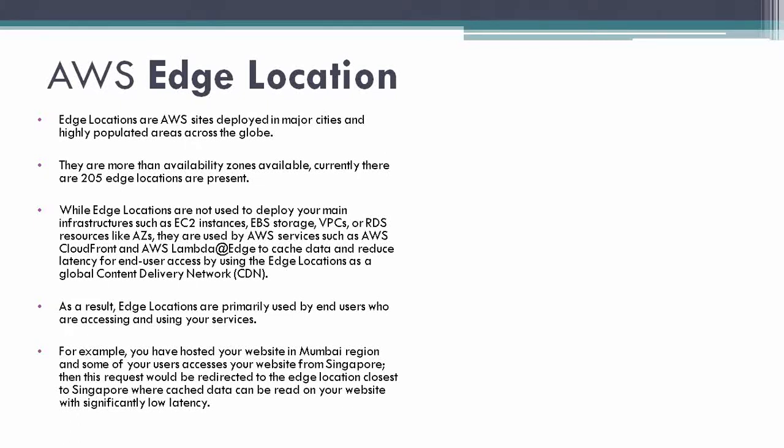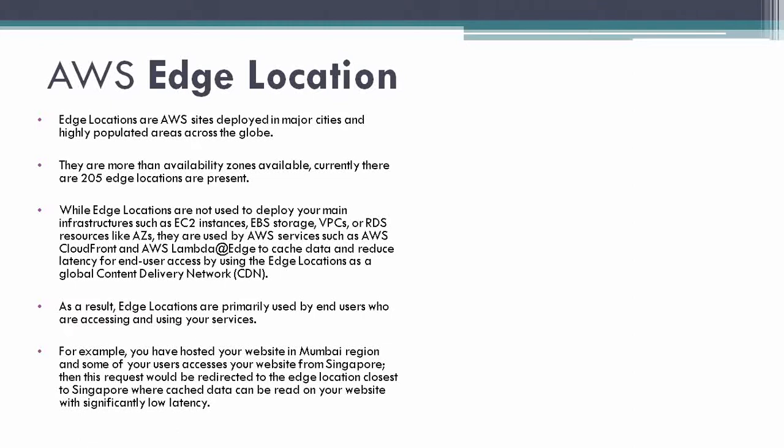So in this example, suppose you have one website deployed in the Mumbai region, but a few customers or users are accessing your website from the Singapore region, and you are using AWS CloudFront.